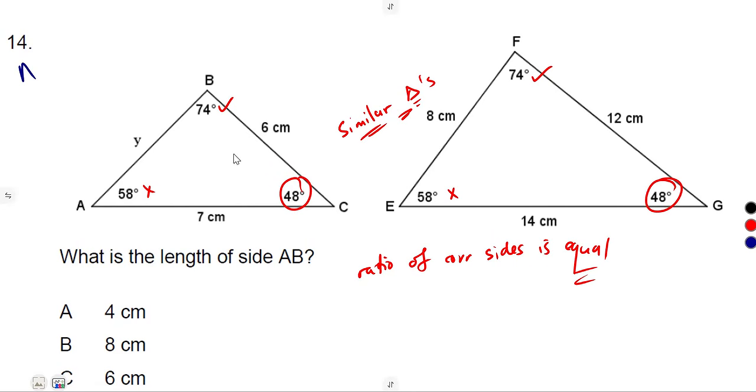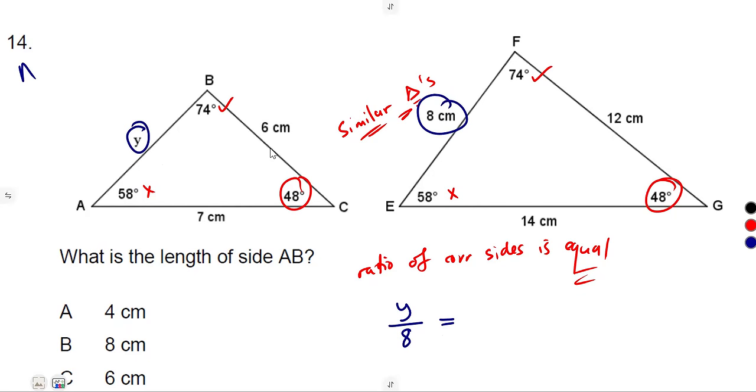From the layout of our triangles, we can see the way the sides correspond. Y here corresponds to 8. So it's y over 8 is equal to any other corresponding pair that is complete.